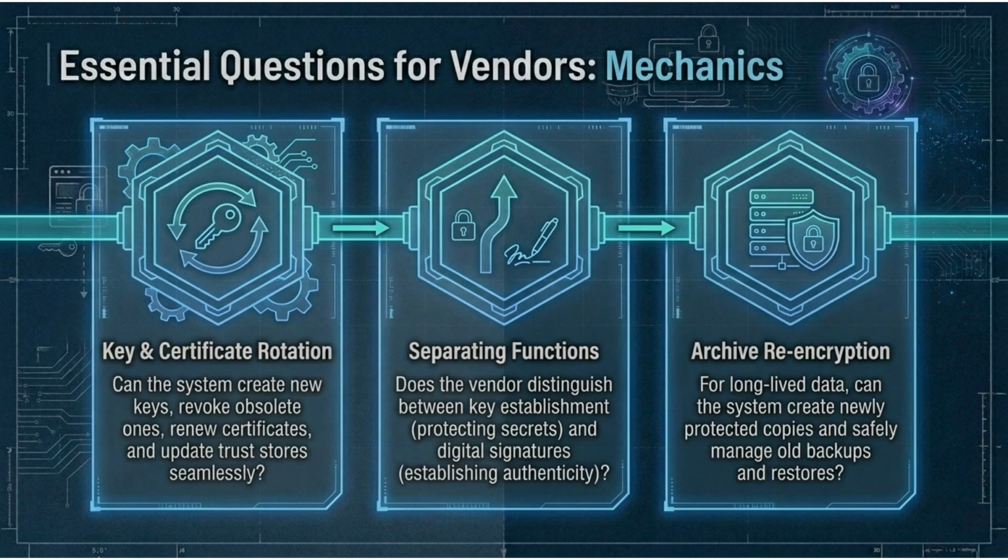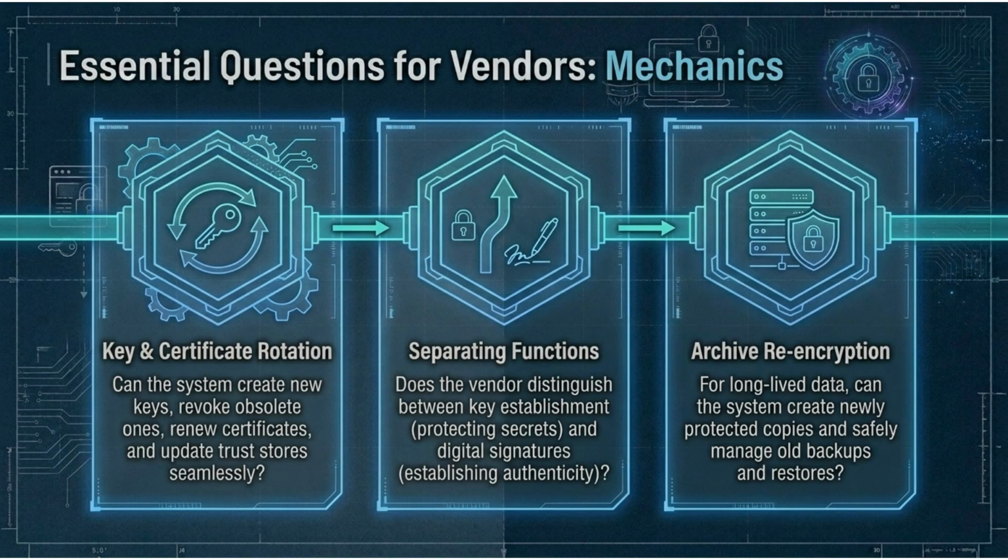Next, we look at the technical mechanics of the product. First, can the system seamlessly rotate keys and certificates? It must be able to generate new cryptographic keys, revoke obsolete ones, renew certificates, and update trust stores without causing downtime. Second, does the vendor distinguish key establishment from digital signatures?